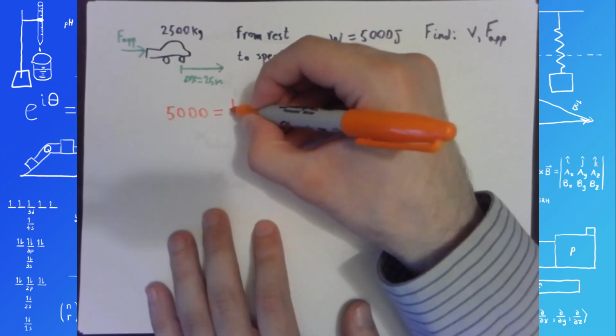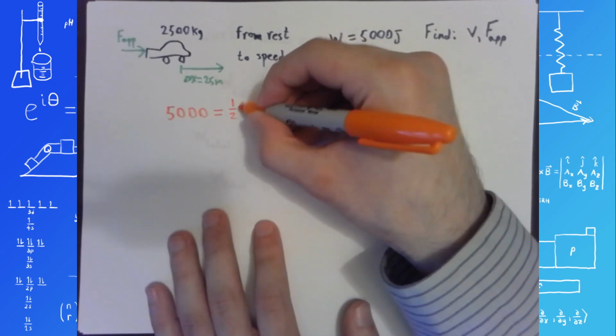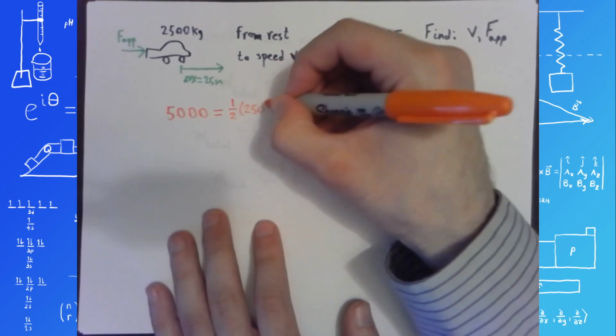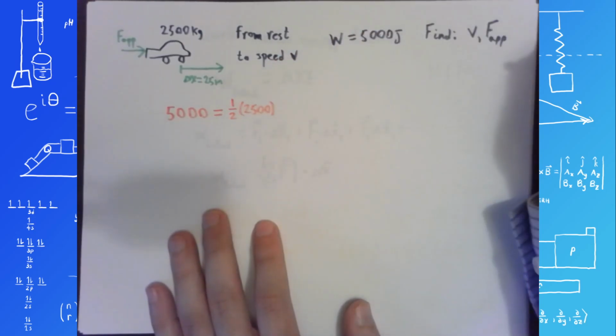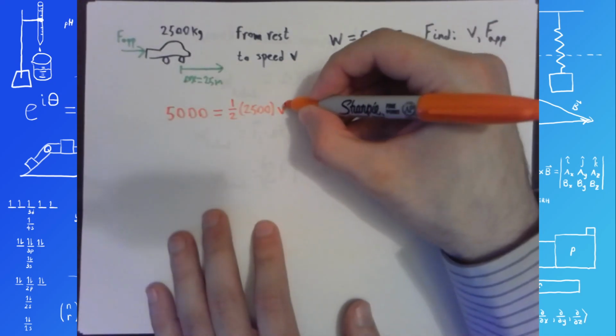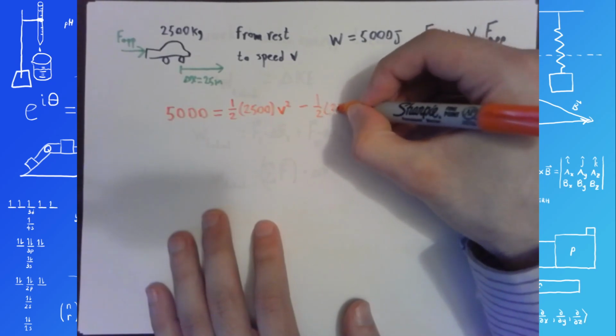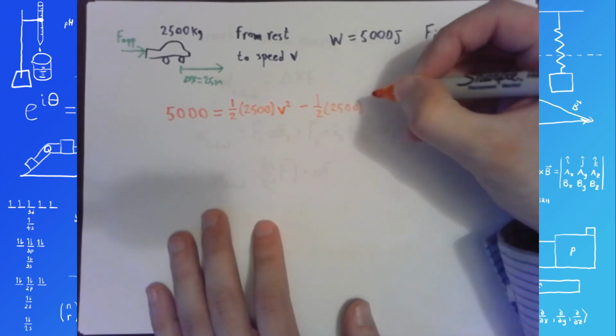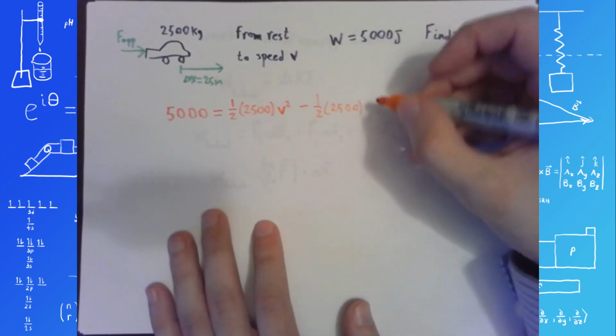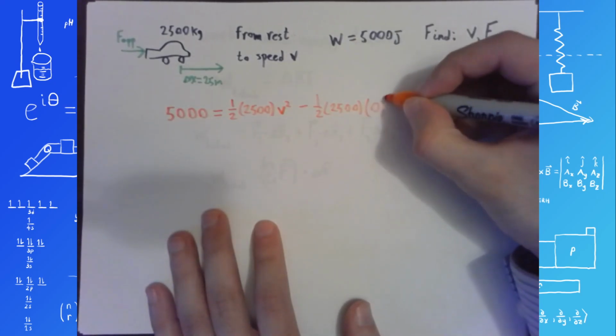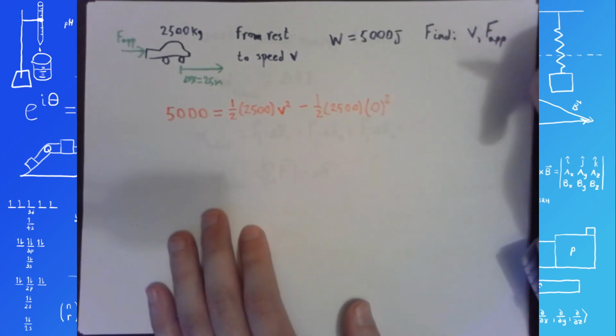Anyway, 5,000 joules for the total work is equal to the change in kinetic energy, which is equal to 1/2 times the mass of 2,500 times v final squared, which is our unknown v, minus 1/2 the mass times v initial squared. Initially it was at rest, so times 0 squared. And there you go.